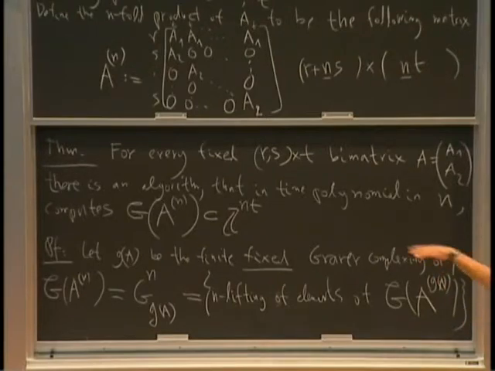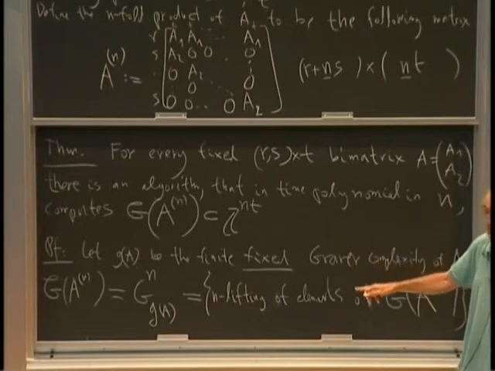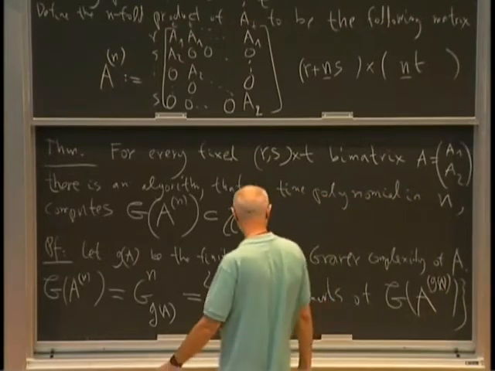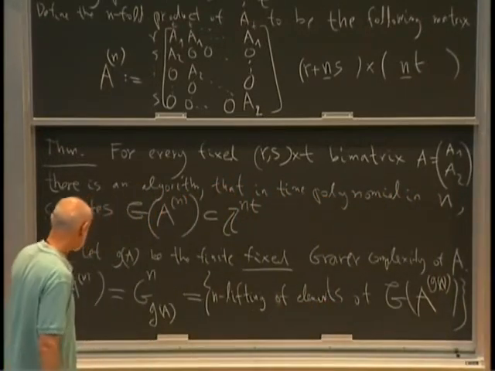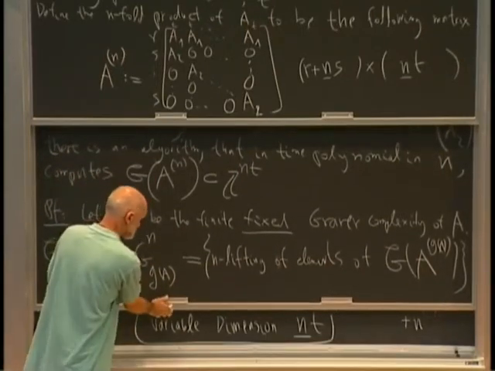I just plug in g of A for k. So I take the matrix A, I form the g of A fold product of it, compute the Gradual Basis, do the n liftings. Now, how many are there? Let's just look at the number.